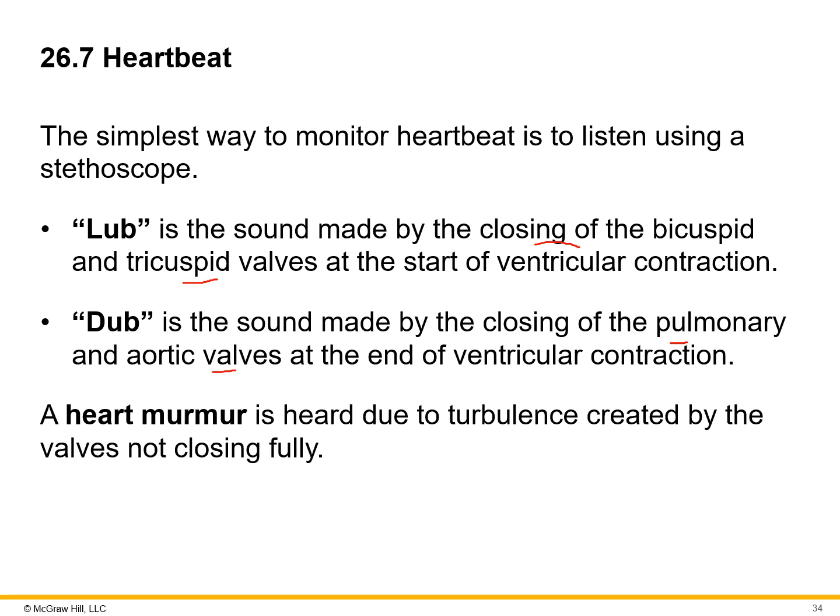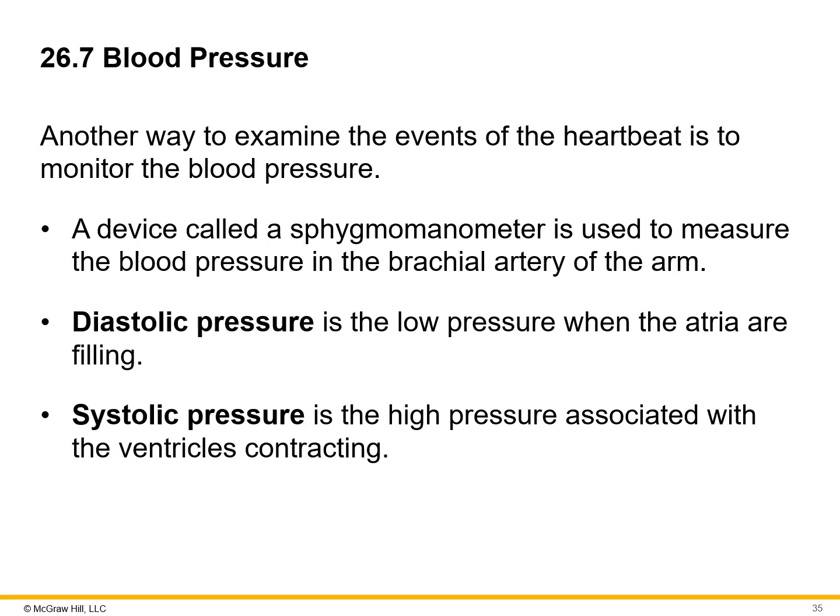And then a heart murmur can sometimes occur that's due to some turbulence that's created by the valves not closing completely. So instead of just a lub-dub, it's more of a turbulent kind of vibration sound.